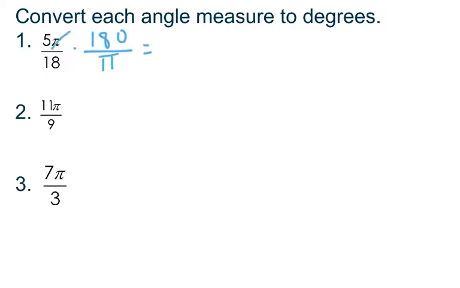The pi's are always going to cancel out. So, really what you're going to do is 5 times 180, and then you're going to divide it by 18. So you can do that all together in your calculator, or you can do it one at a time, really whatever you want to do. But when we do this in our calculator, you get 50, and that's 50 degrees.